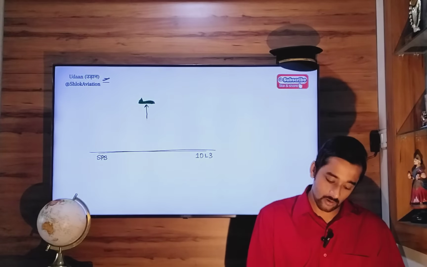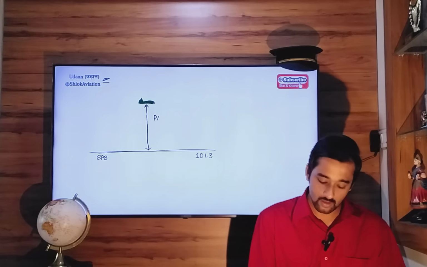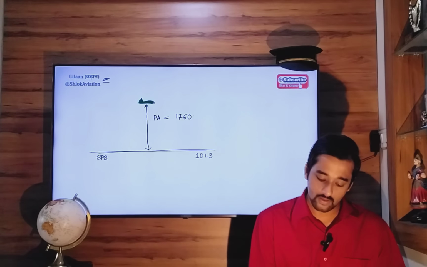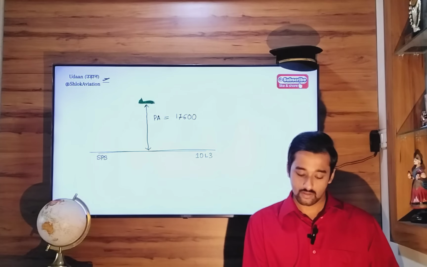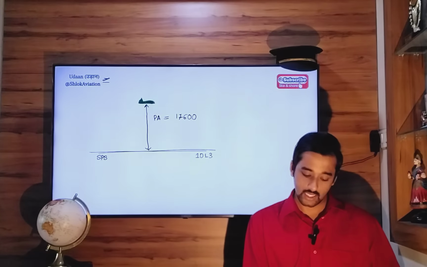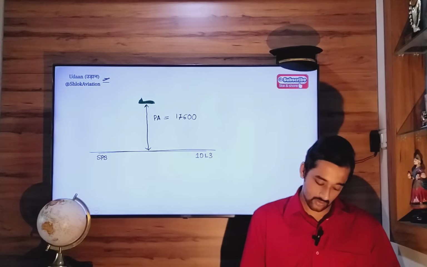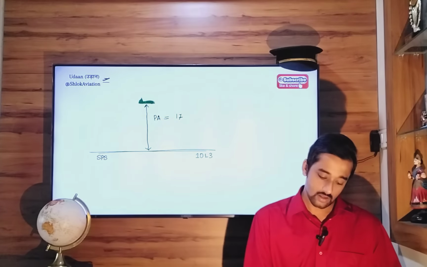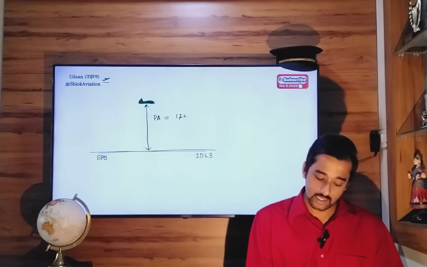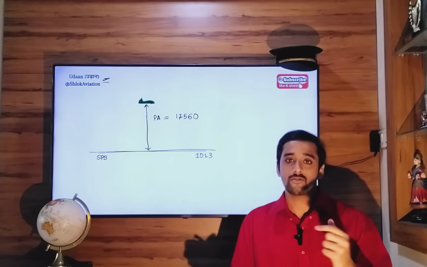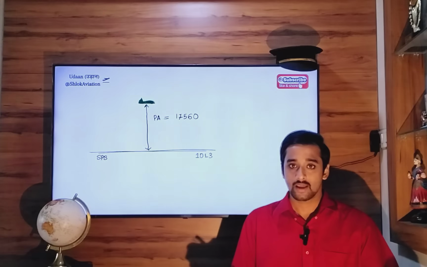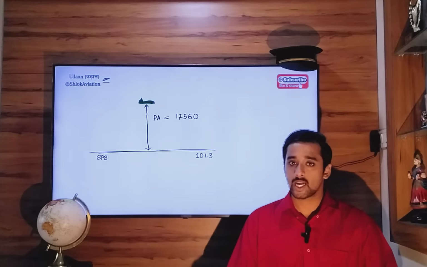And now the pressure altitude of your aircraft is 17,560. Now this 17,560 is an accurate value at which your aircraft is flying. Accurate pressure altitude value at which your aircraft is flying.